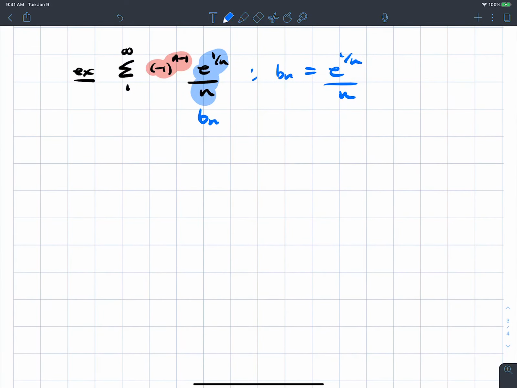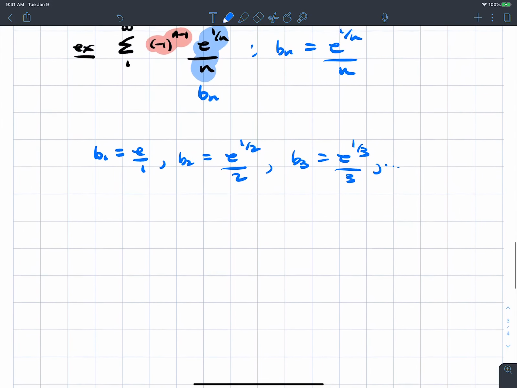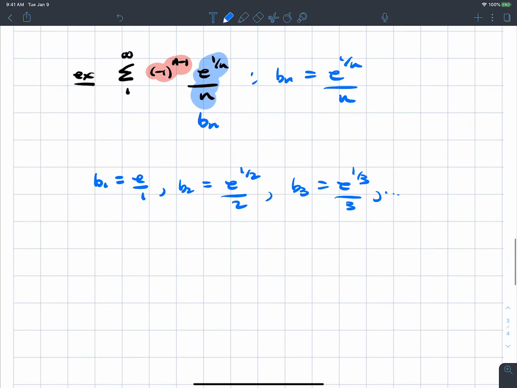What does this look like for us? Is this decreasing? If we look at the terms, b1 is e over 1, which is e. b2 is e to the 1/2 over 2. b3 is e to the 1/3 over 3. It may not be so easy for us to see if this is increasing or decreasing.